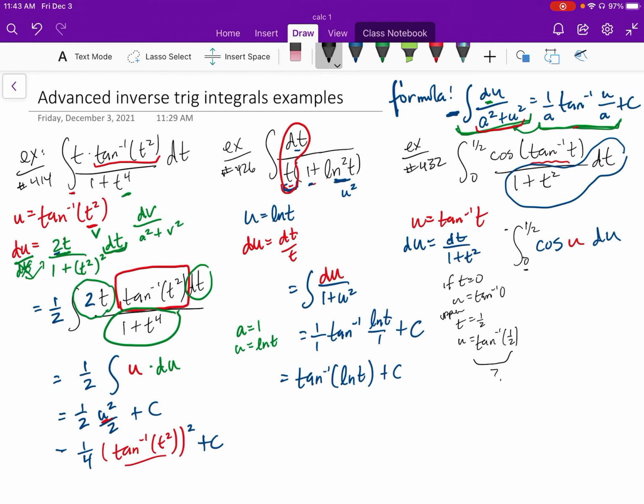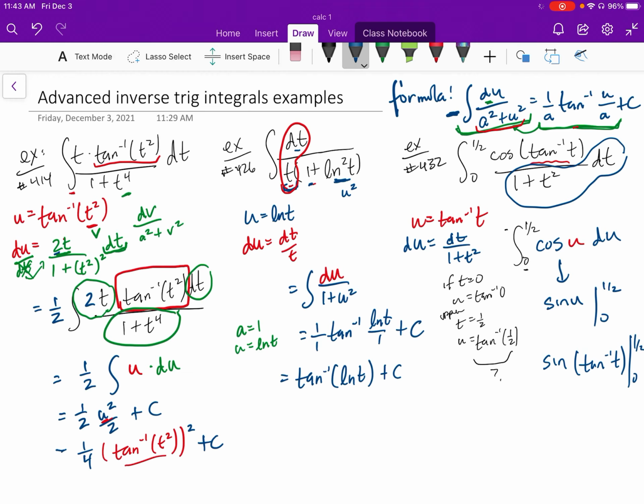So moving forward. Integral of cosine, we know is sine. Now, it's sine of u, though, so we need to go back and plug in u, right? If I'm not changing the bounds, I need to go back and plug what u actually is.